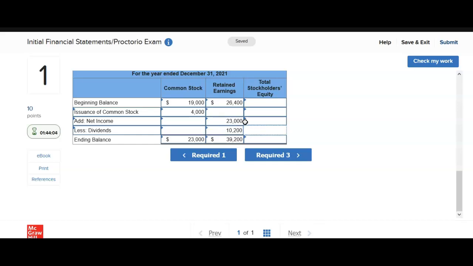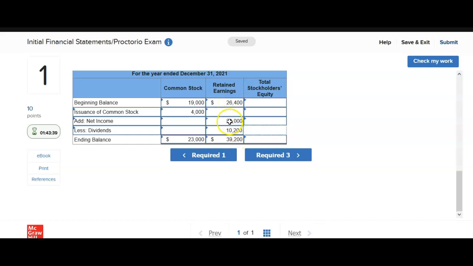And I'm going to add it myself on my calculator to make sure. So I'm going to take 26.4 plus 23,000, because net income always increases retained earnings, minus dividends, 10.2, hit equal, and 39.2. So it works out fine on my calculator. So you're given three of these four numbers. You're given beginning retained earnings.